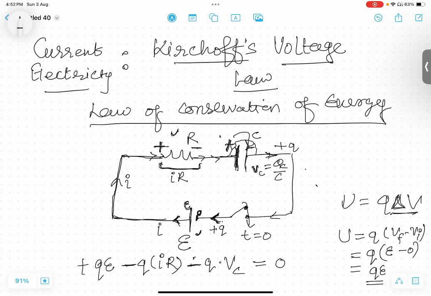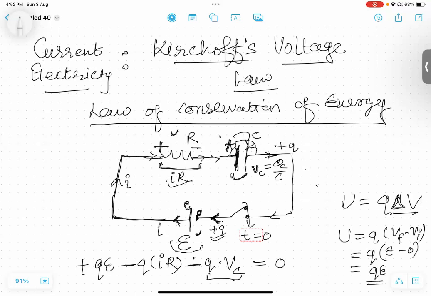Why? Because charge gained some energy from this battery. It lost that energy at IR, and some energy is stored in the capacitor in the form of electrostatic potential energy, which is Q times Vc, right?